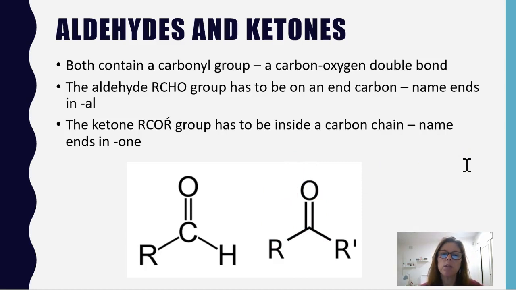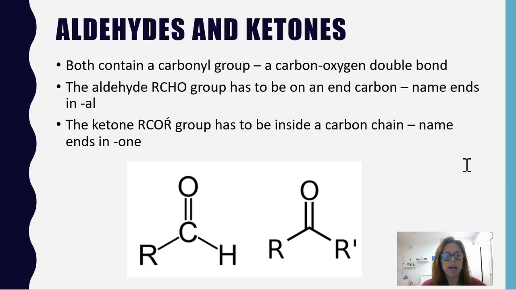The difference is that one has to be on the end carbon. That's our aldehyde. Our aldehyde is required to be on the end carbon, so it can be on either end, whereas our ketone has to be on an inside carbon. So they share the carbonyl group, that is the name given to that double bond O, which is a carbon-oxygen double bond. But where they are different is their position.